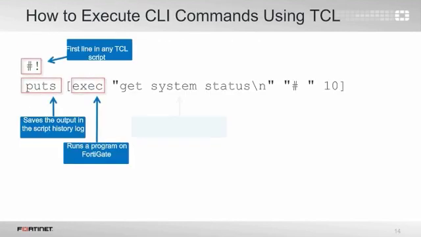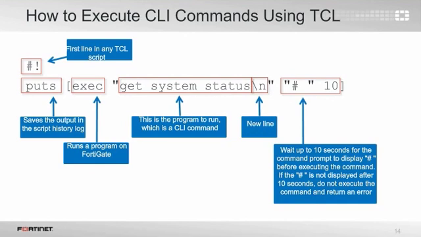This is how you can execute a CLI command from a TCL script. Any TCL script must start with the pound symbol followed by an exclamation mark. The next line, exec TCL, executes the CLI command get system status.